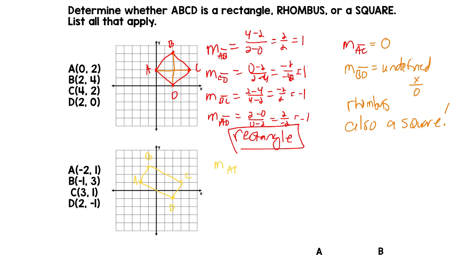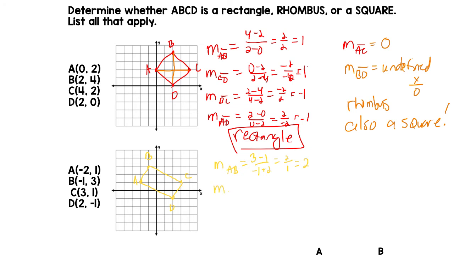The slope of AB is 3 minus 1 over -1 minus -2. That's 2 over 1, or 2.